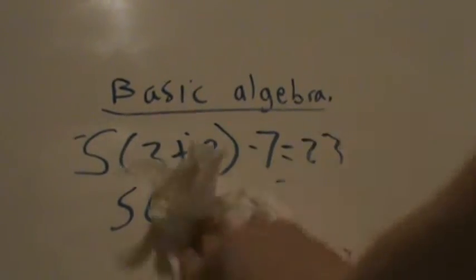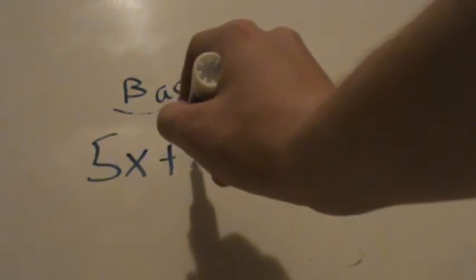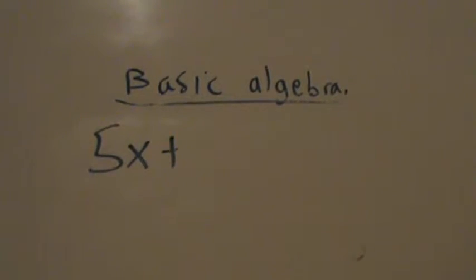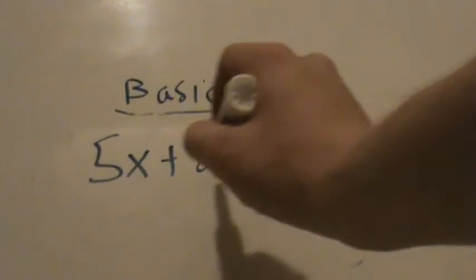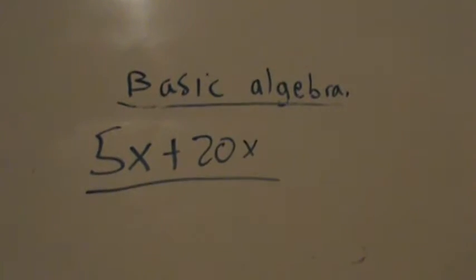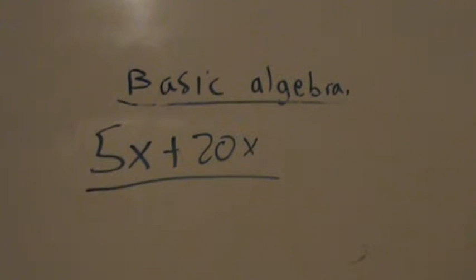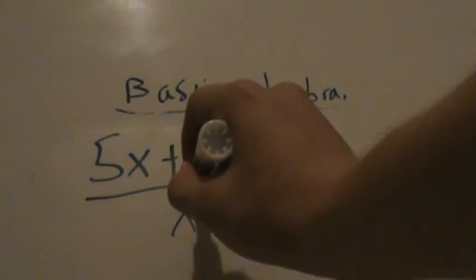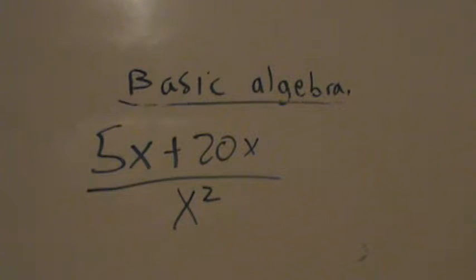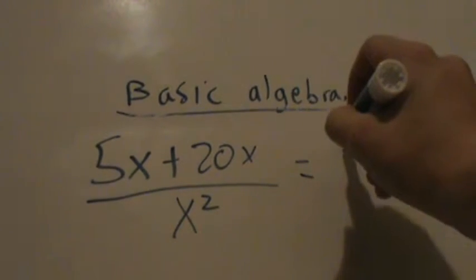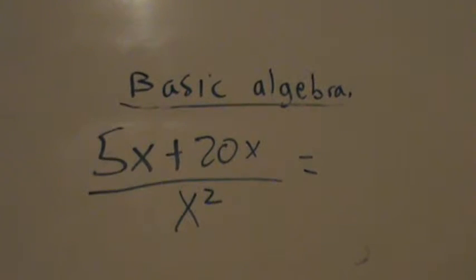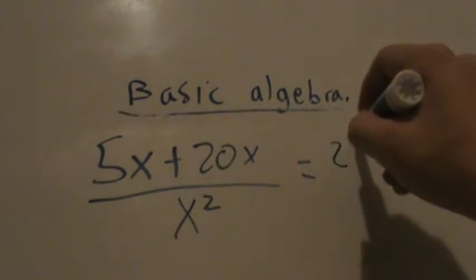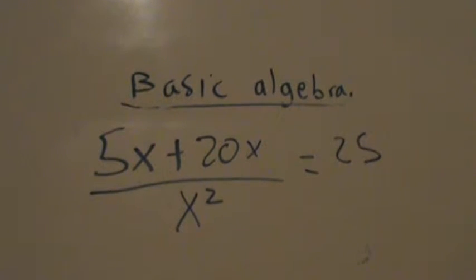Let's try a little bit harder one. So, let's try 5x plus 20x over x squared equals 25.